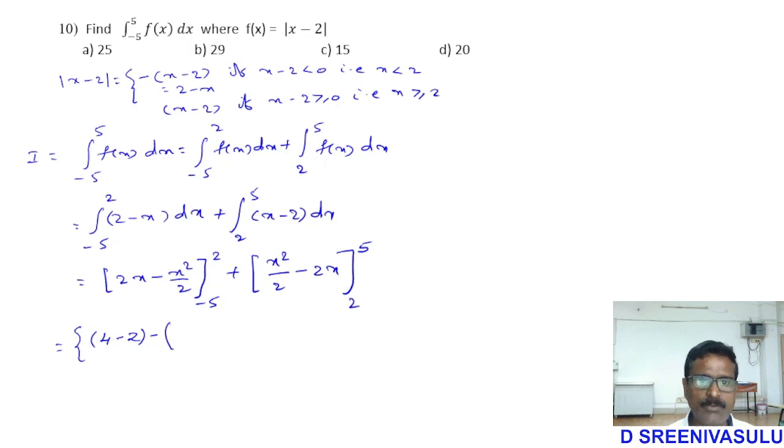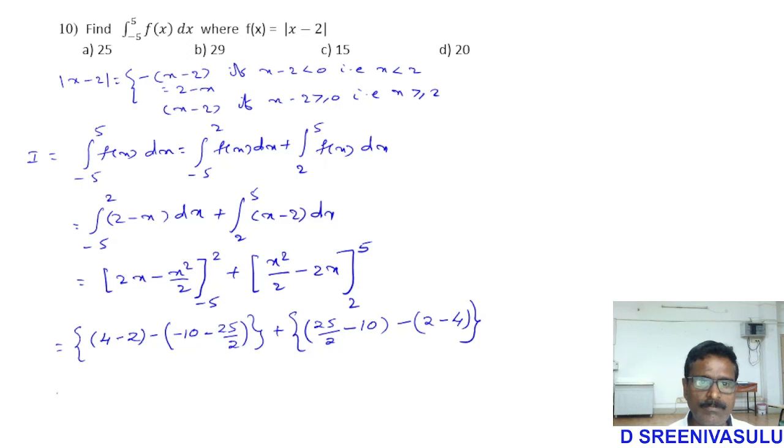Now let us come to lower limit. 2 into minus 5 is minus 10, minus minus 5 whole square is equal to 25 by 2, plus. Here what is upper limit? Substitute 5: 25 by 2 minus 5 into 2 is 10, minus lower limit, substitute 2: 2 square by 2, 4 by 2 is equal to 2, minus 2 into 2, 4.